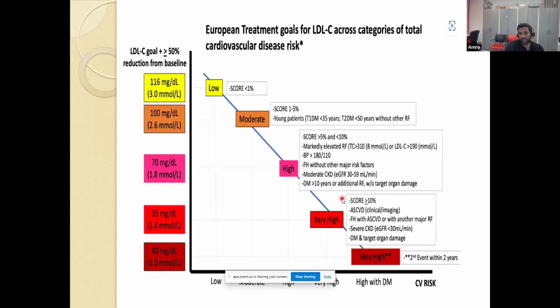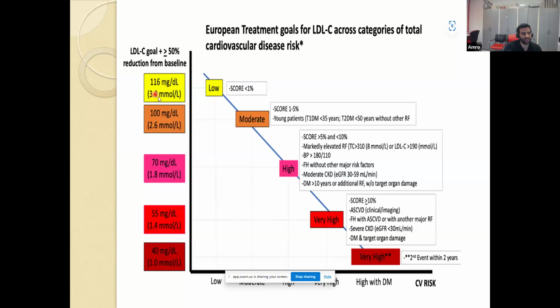Once you've identified someone's risk, you need to know how aggressively you treat them, depending on their baseline risk. So if you remember, we were talking about baseline risk. If you start off somewhere here with low risk, you don't really need to push their LDL cholesterol very, very low.